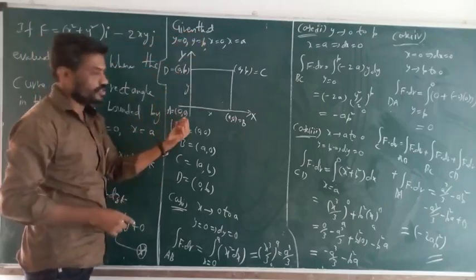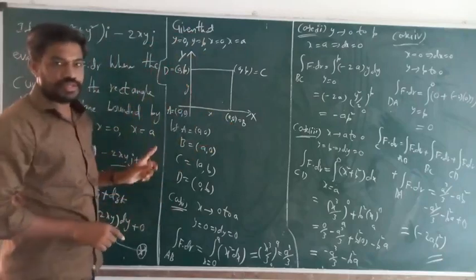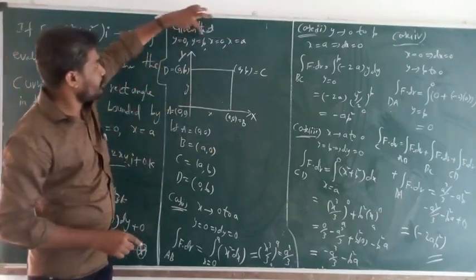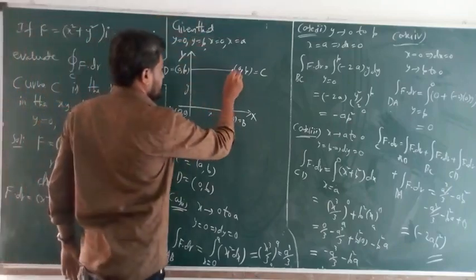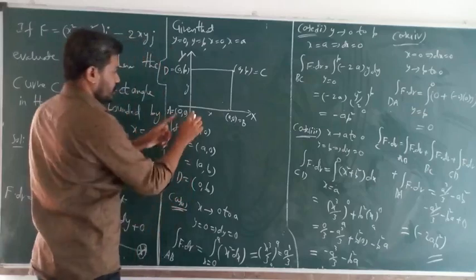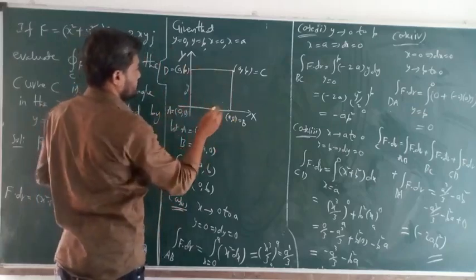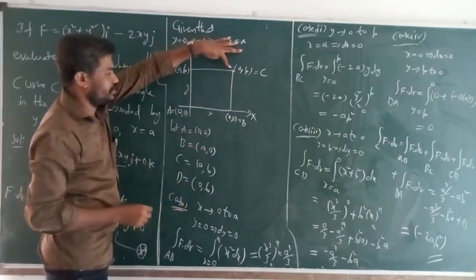This side 0, 0 is the origin, this side (a, 0), this side (0, b). Three points are completed. Another point, from the condition x = a, y = b: x distance a and y distance b, so this is point (a, b).